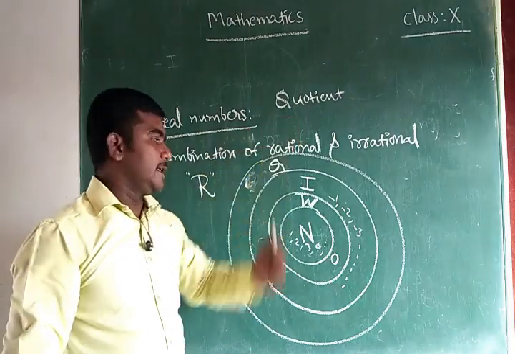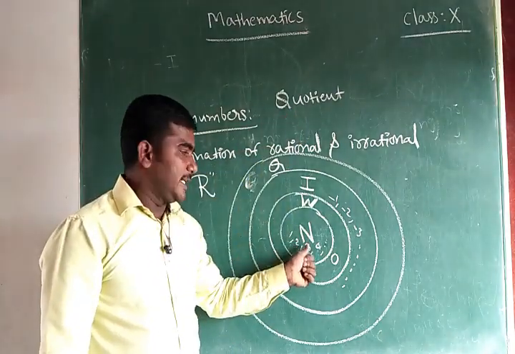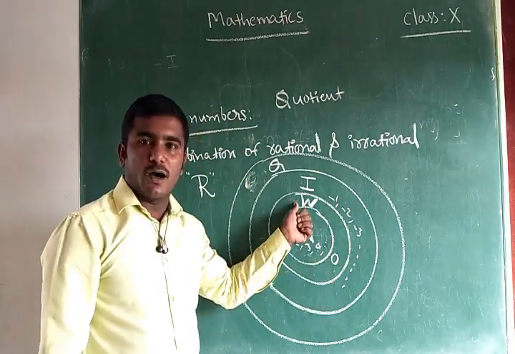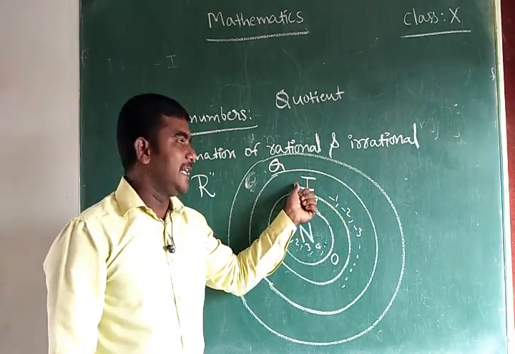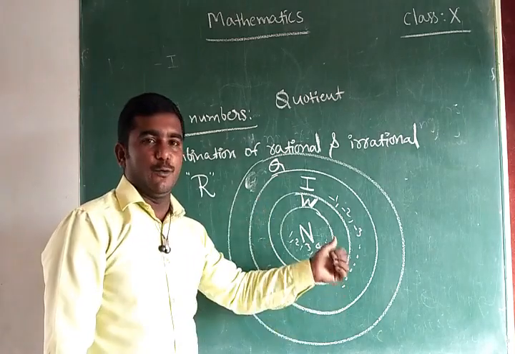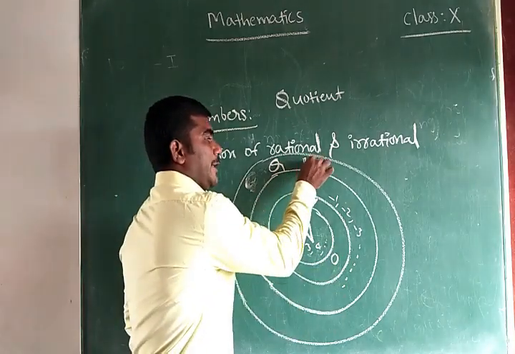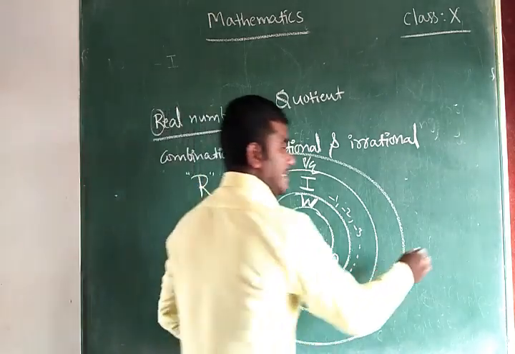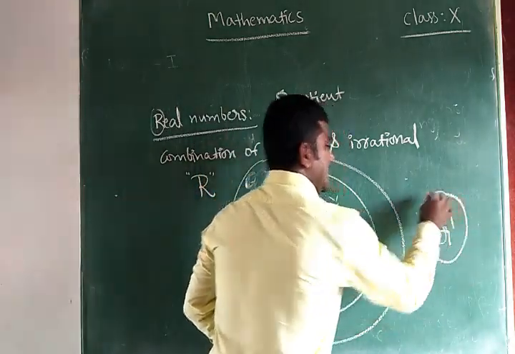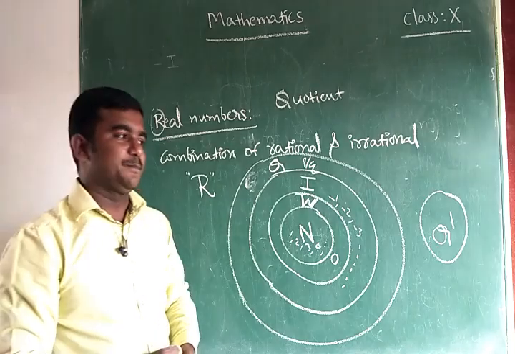Quotient, first letter. Now all the natural numbers including 0 are called whole numbers. All the whole numbers with negative numbers are called integers. And numbers which are in the form of p by q are called rational numbers. One more is there, that is Q dash. This is an irrational number.